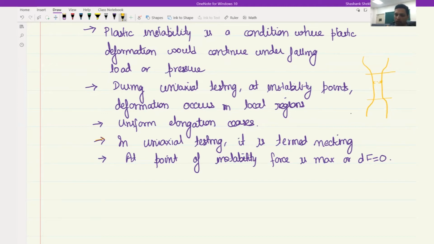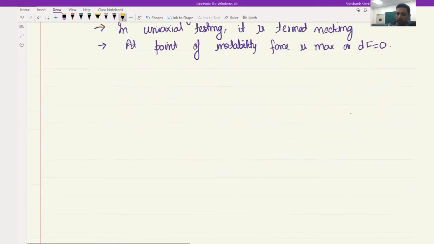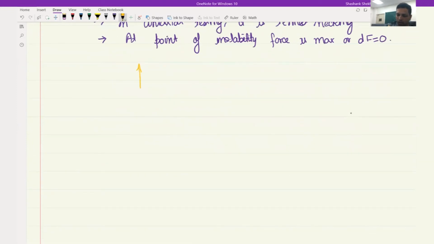So let me draw this to be able to appreciate this better. Let's say we are drawing the load versus elongation plot.